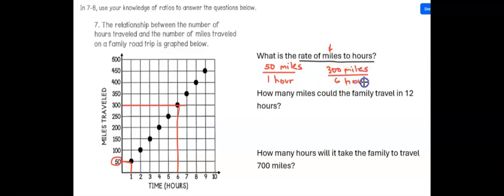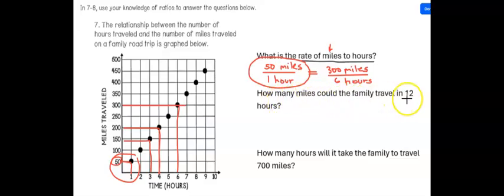The key is, at the end of the day, that no matter which two you pick, 4 to 200, 3 to 150, any of these that you pick to start your rate off, all reduce to simplest form, 50 to 1. So if they have the unit rate on there, you're done. If they don't, you may have to take an additional step and reduce it down to the unit rate. So it's 50 miles per hour. That is the rate that they're traveling at.